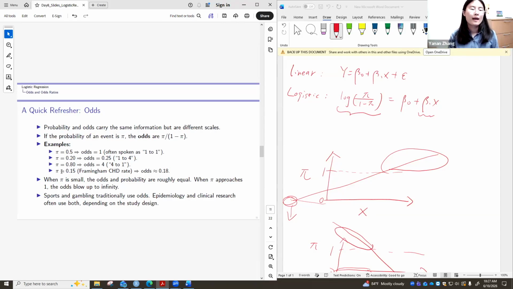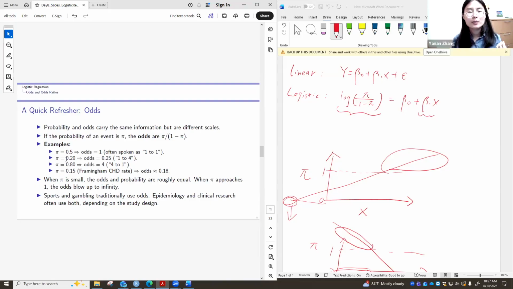For example, if the probability of winning a basketball game is 50%, the probability of failing is also 50%. So the odds will be 50 over 50, so it's 1 to 1. So the odds will have a value of 1.